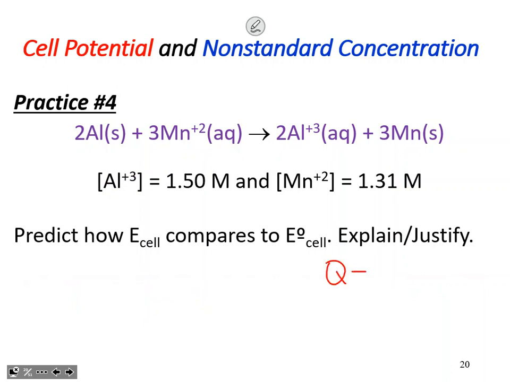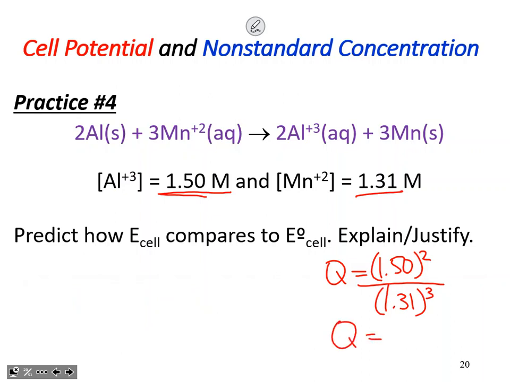We do Q, we have our aluminum, so 1.50 squared over the 1.31 to the third. What do we get for our Q value when we calculate this? 1.5 squared divided by 1.31 to the third. So what do we get for Q here?